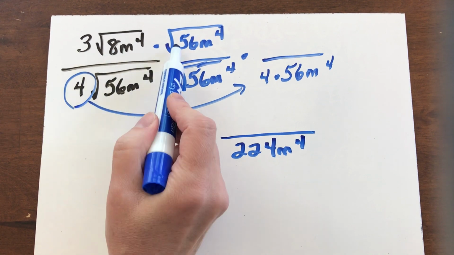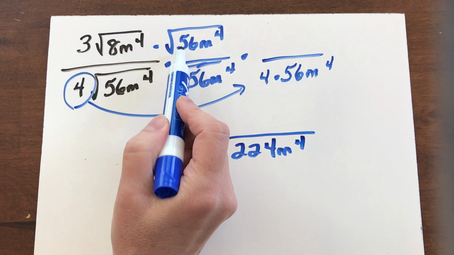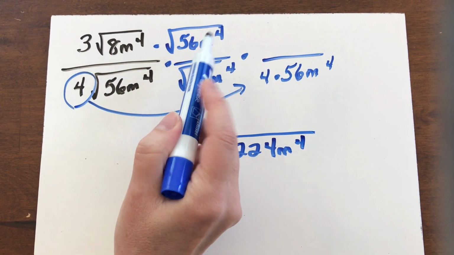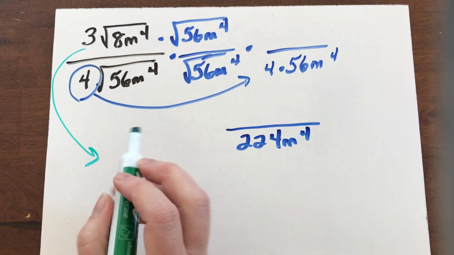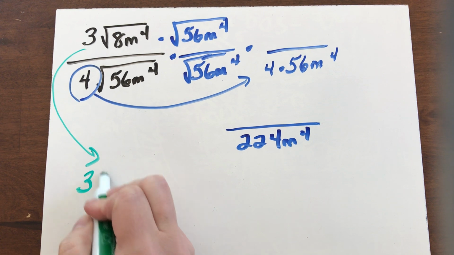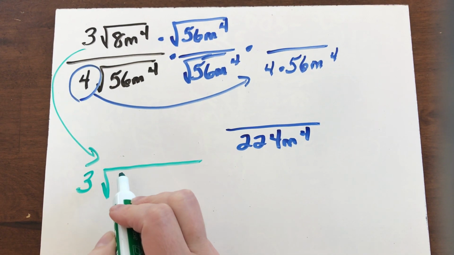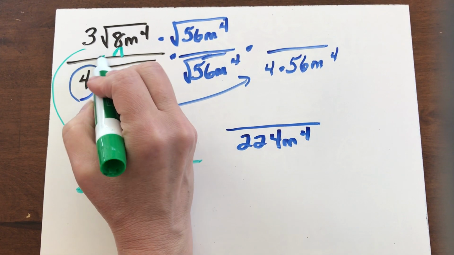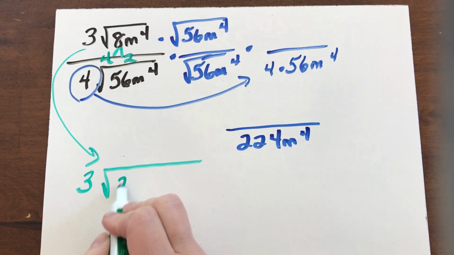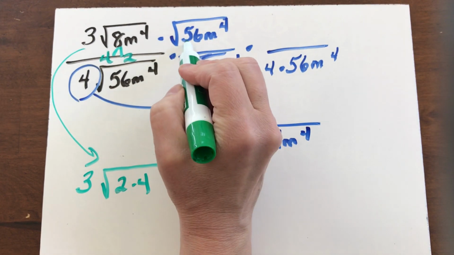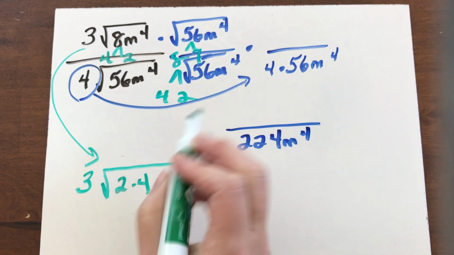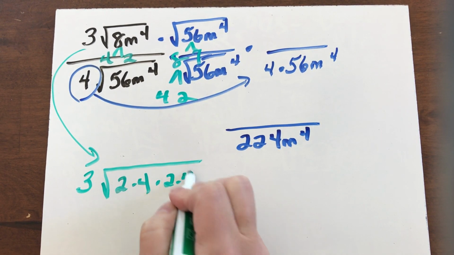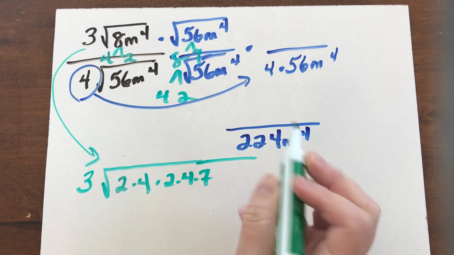You can either multiply 8 times 56 and get a really big number, or you can break them down individually. I'm going to bring this mess down here, and I'm going to break it down like we did with multiplying. I'm going to have a 3 on the outside, and underneath the radical sign, I'm going to break down 8 as 4 and 2. Okay, so that's 2 and 4. I'm going to break down 56 as 8 times 7, which will be 4 times 2 times 7. So 2 times 4 times 7. Hopefully you see what I'm doing.